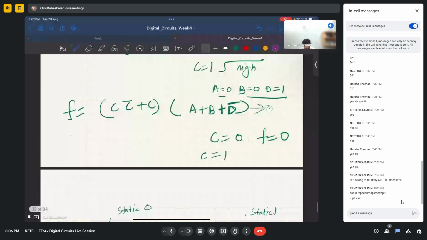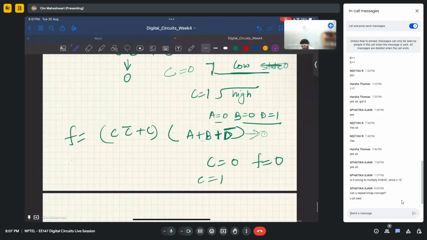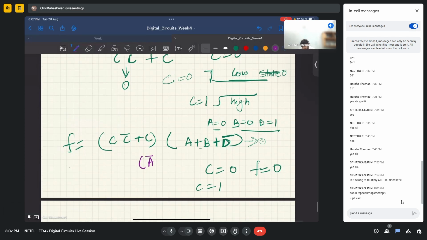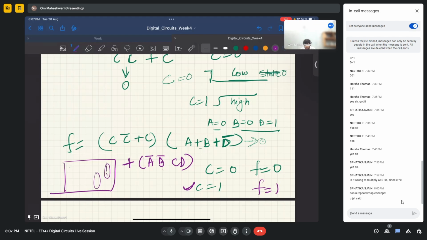What I was also doing is I was adding a plus b bar c d. I was asking if you do this, then this condition will become fine if I add this. Now the problem with this is how do we remove these hazards? We saw that there are isolated ones. We group them together.